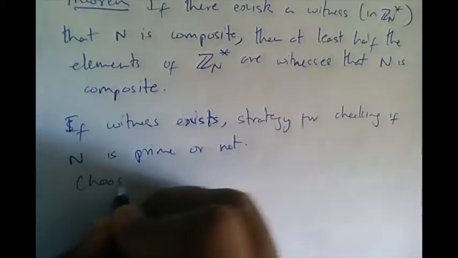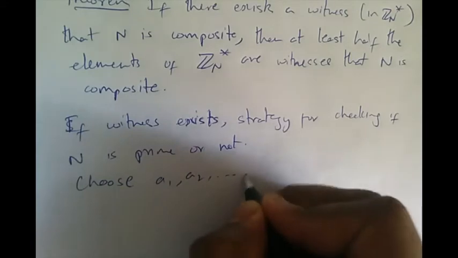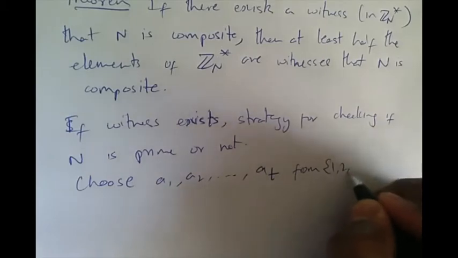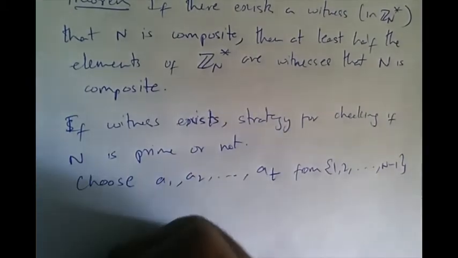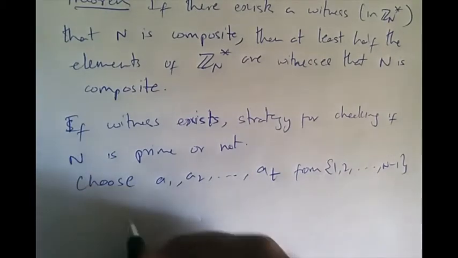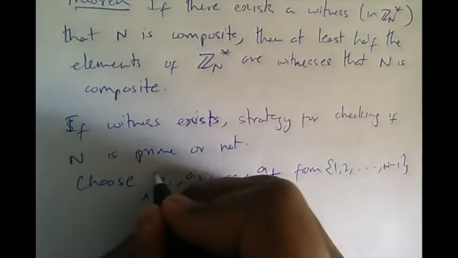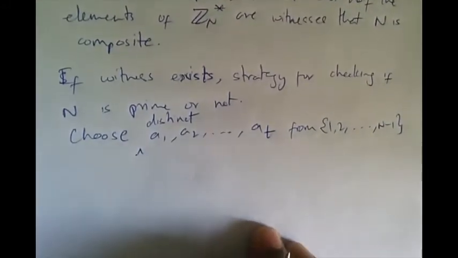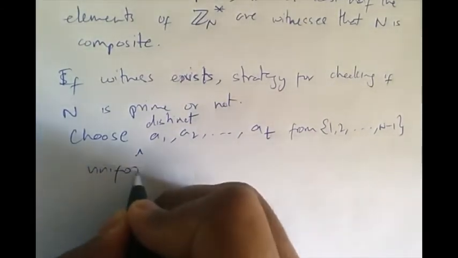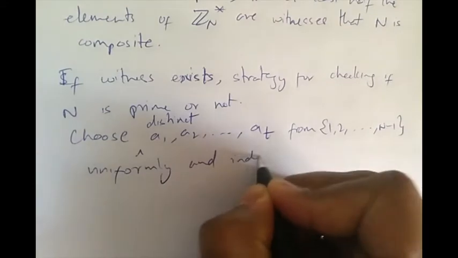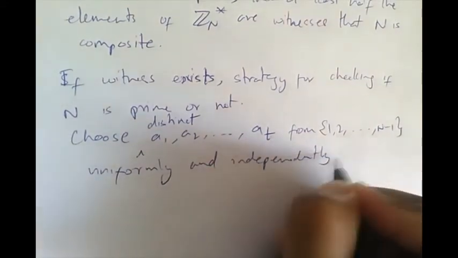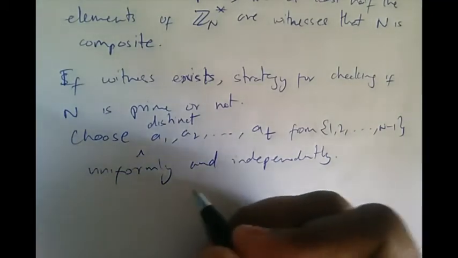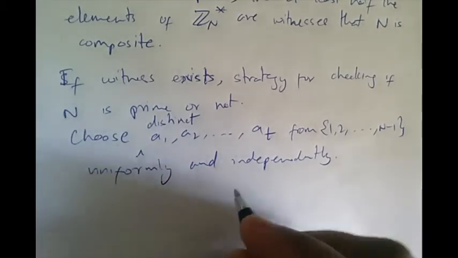Choose a1, a2 up to at, some t integers from 1 to n minus 1, uniformly and independently, and they should be distinct. There's no point choosing the same integer again because it will not give you any extra information.